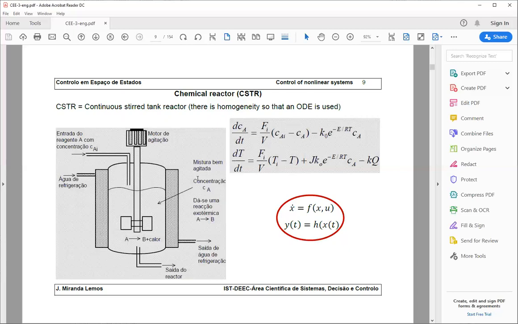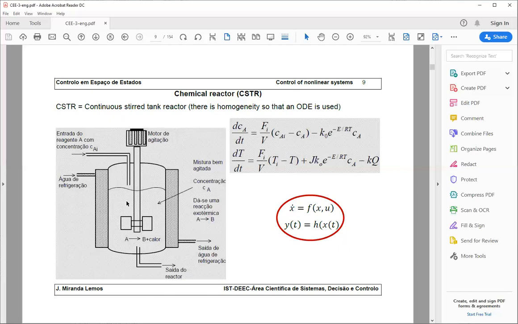And it is stirred, so you have a motor and some elements that rotate, and they force the liquid inside the tank to be mixed.